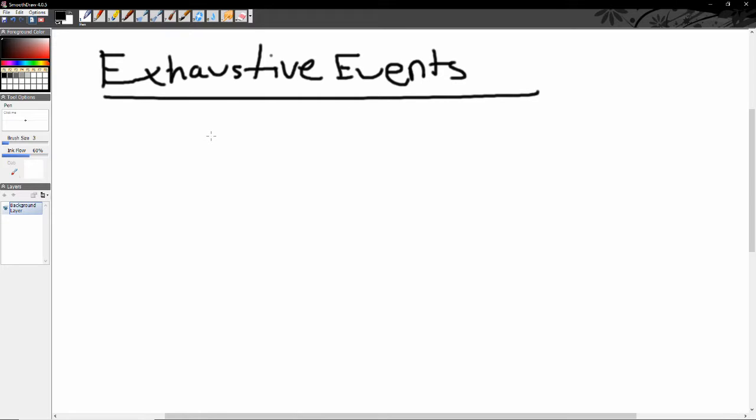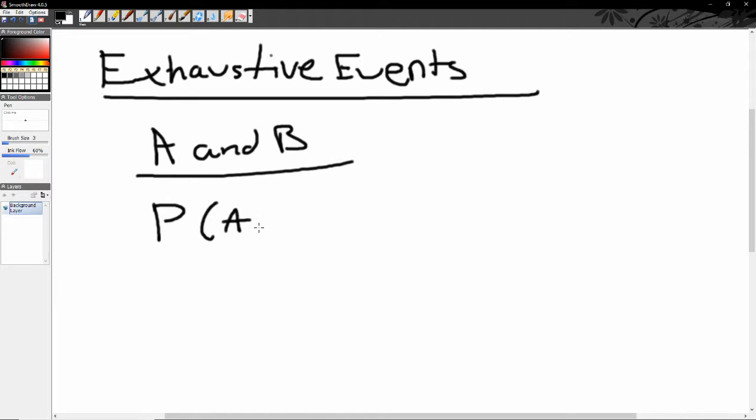So an exhaustive event means that if you have two events, say event A and event B, the probability of A or B is 1. So these two events, either one of them must happen.